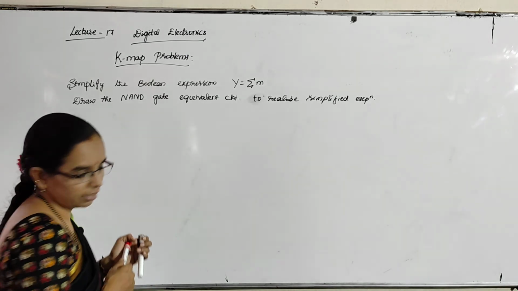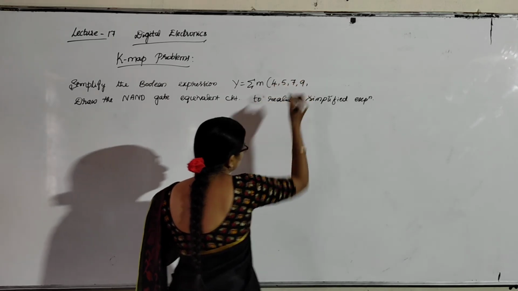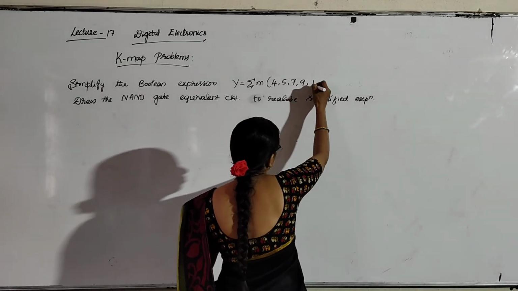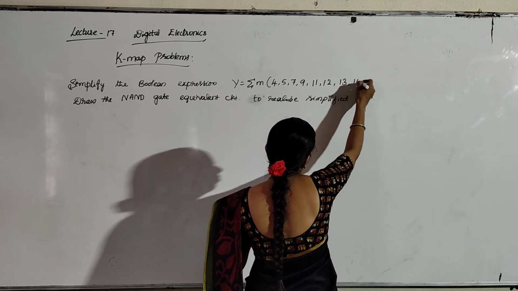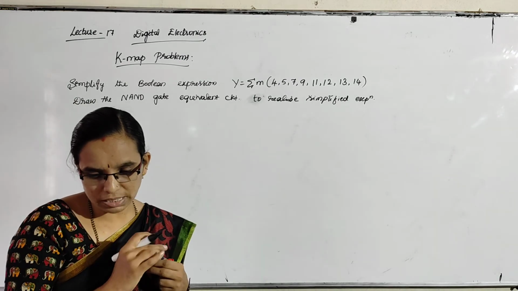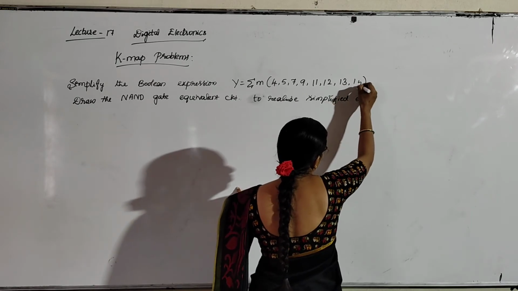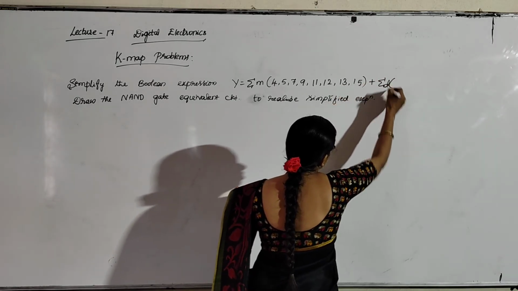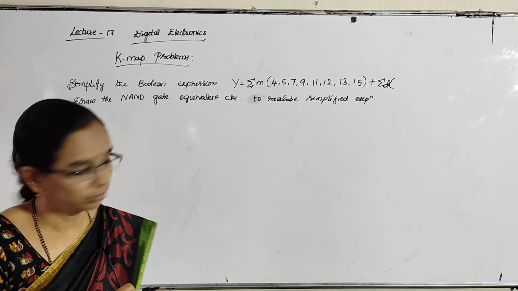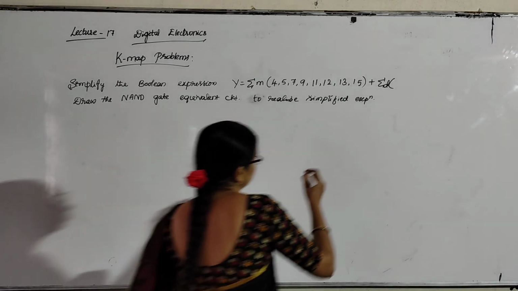It is summation of 4, 5, 7, 9, 11, 12, 13, 15 plus don't care conditions 1, 3, 8.